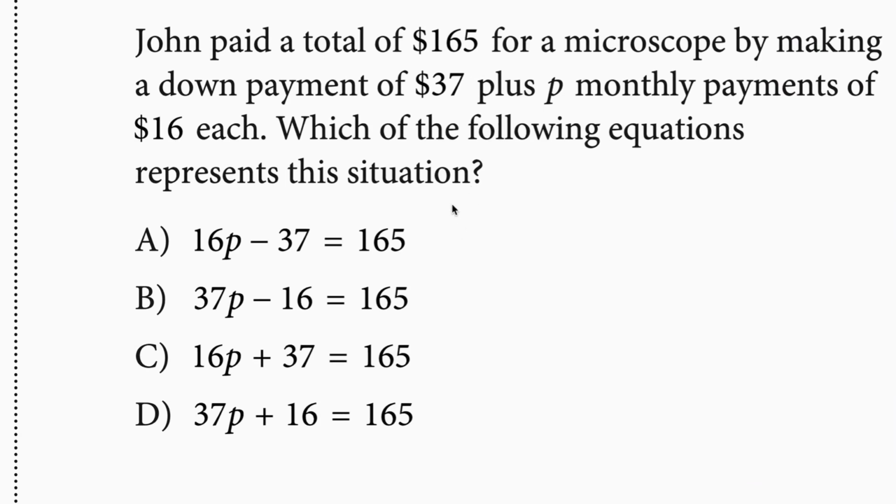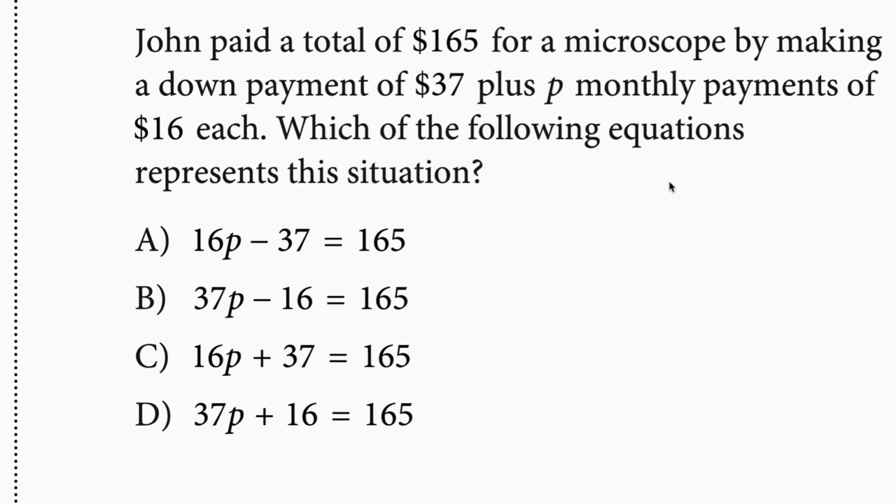John paid a total of 165 for a microscope by making a down payment of 37. Okay. Plus P monthly payments of $16 each. Okay, now let's just break down the situation.